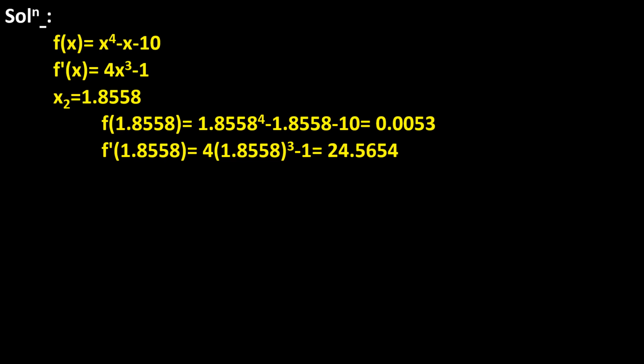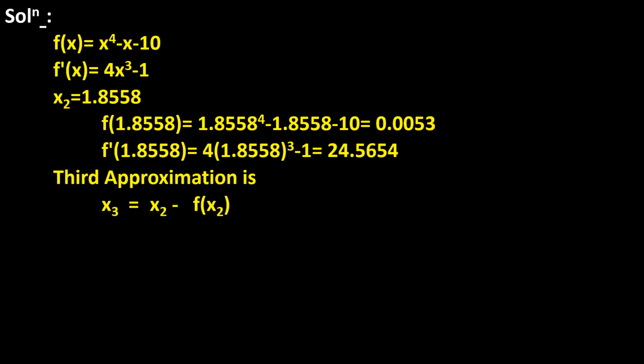Then the third approximation, the formula to find the root by the Newton-Raphson method, that is the NR method, is xn plus 1 is equal to xn minus f of xn divided by f dash of xn. Since it is a third approximation, the value of n will be 2. Therefore x3 is equal to x2 minus f of x2 divided by f dash of x2.